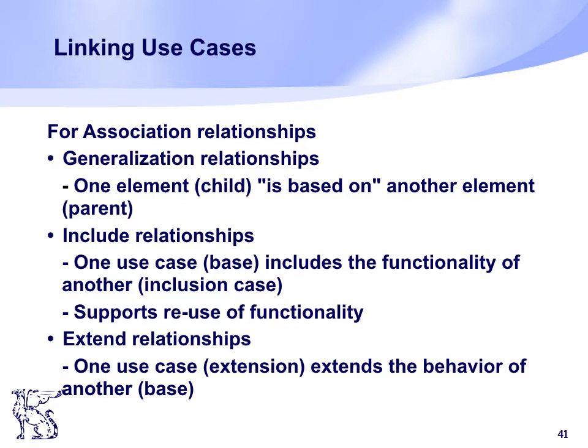In that case you can use include relationship. And extend relationship, it's sometimes optional, where one use case extends the behavior of another use case. Now I will give you more details about the include relationship and extend relationship. But first, let's dive into the generalization relationship.